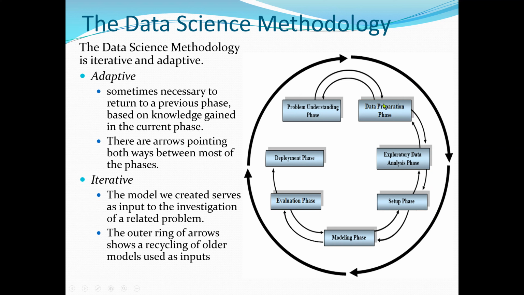We can go back to the data preparation phase or go all the way back to the problem understanding phase. We cannot go to deployment anymore. Deployment is the last, final stage where we deploy the system. So before deployment, we need to evaluate our results, the model, and make sure it's in good shape. But between the problem understanding phase up to the evaluation phase, we can be interactive, go back to a previous phase, and then move forward.